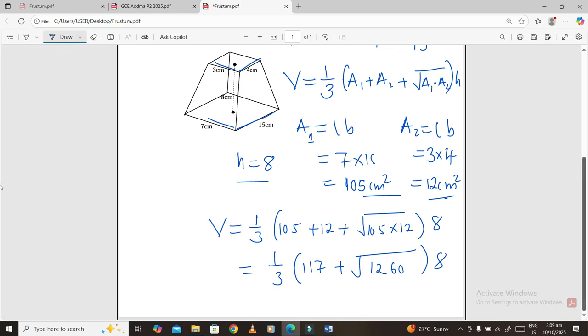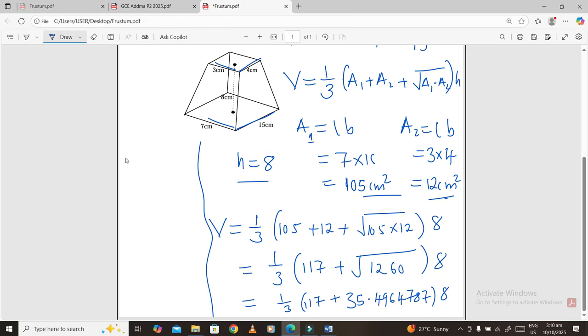There is 8 here. So from here, we work out what is inside, plus the square root of the answer there, that will be 35.4964787 times 8.